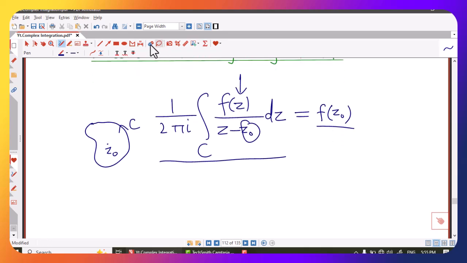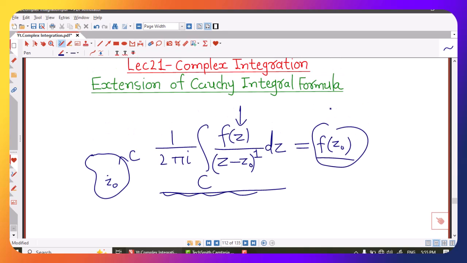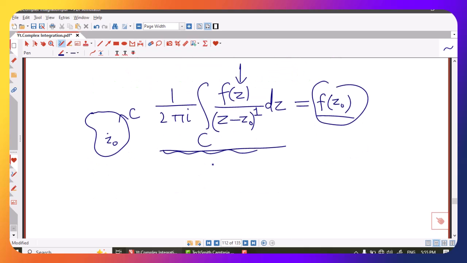Now here we have taken z minus z0 as a linear factor, that is, the power of z minus z0 is 1. But suppose the power of z minus z0 is greater than 1, then what will be the value of this integral? In that case we have this extension of Cauchy integral formula. Instead of z minus z0, suppose we have z minus z0 to the power n plus 1.